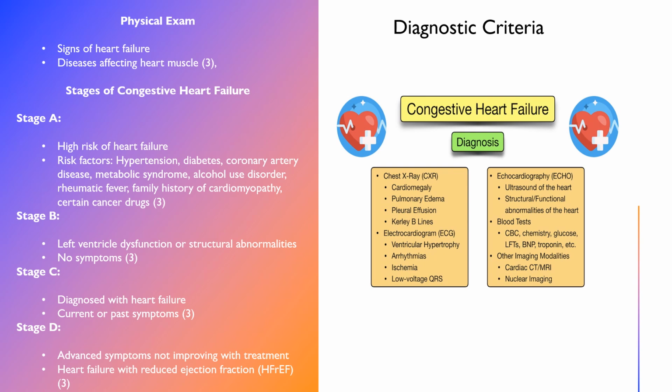Heart failure progresses through 4 stages. Stage A: high risk due to factors like hypertension, diabetes, coronary artery disease, alcohol use disorder, and family history. Stage B: left ventricular dysfunction or abnormalities without symptoms.